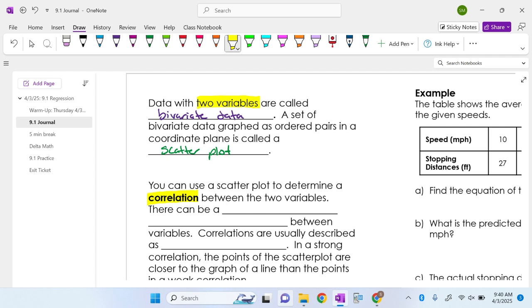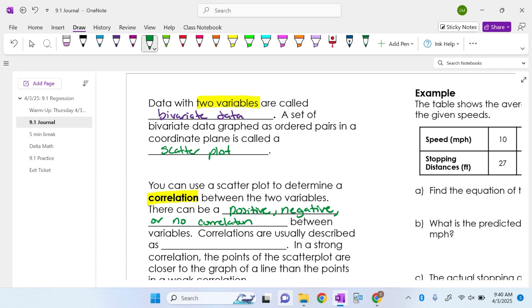Now, there can be a positive, negative, or no correlation between variables, and we'll talk about what that looks like in a little bit.